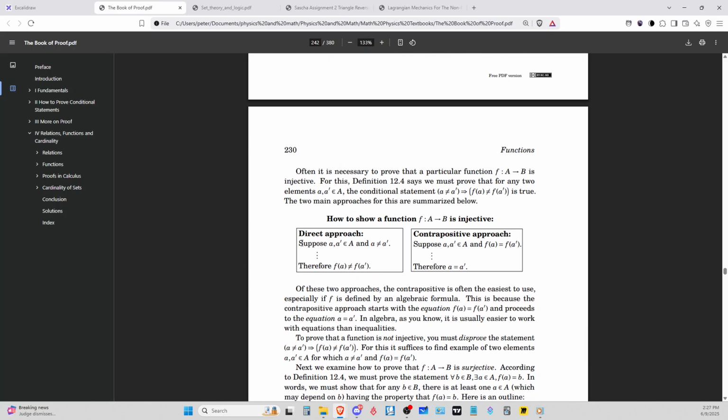Here it is: suppose that A is not equal to A prime, and therefore f of A is not equal to f of A prime. I think in the book they recommend this one because it's a little less writing than this one. You have to prove one, which is the left inverse. We get the statement that f is injective, right?